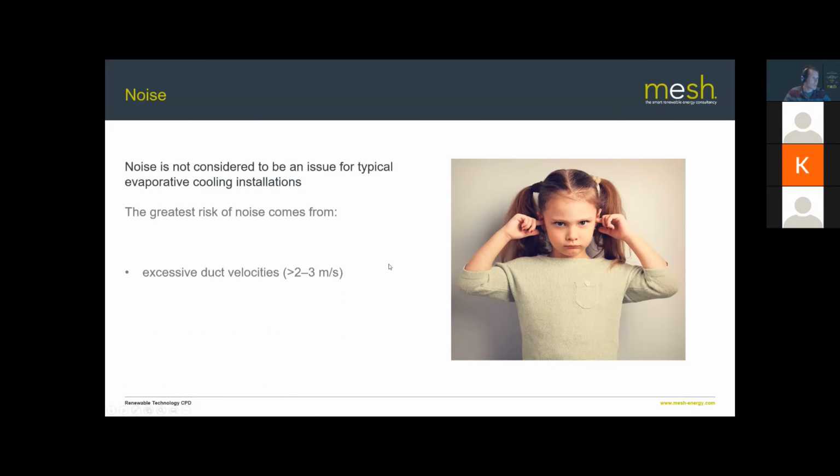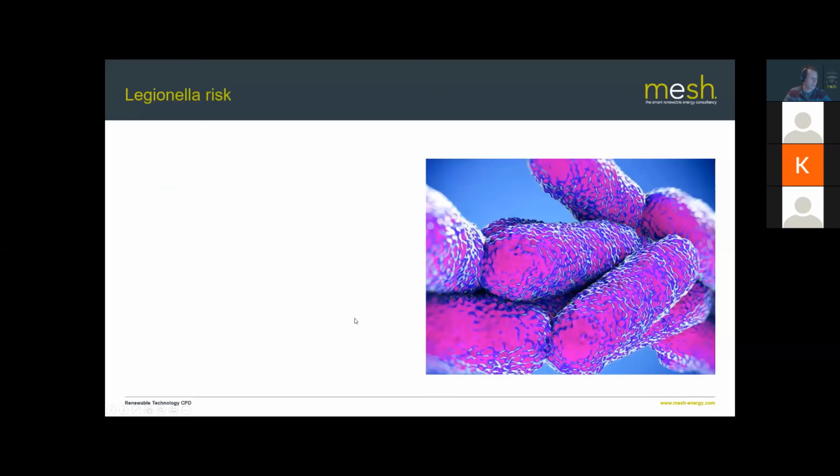So as long as you design your ductwork carefully, and try and avoid excessive duct velocities, which can lead to noise, then you should be fine. If you did have issues, it would probably be through poorly sized fan units or overspeeding the fans within those fan units. So that kind of rounds out all the positive side.